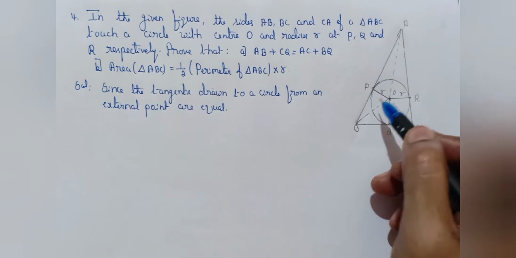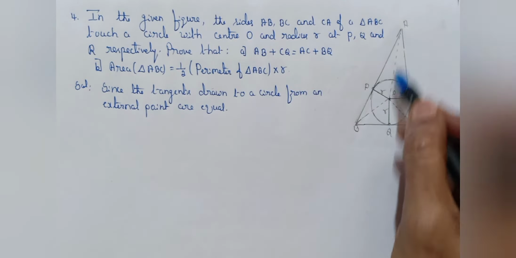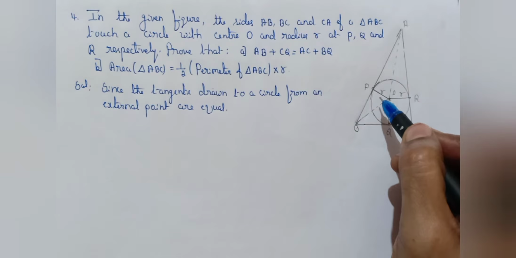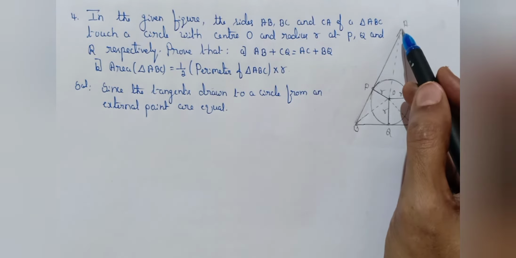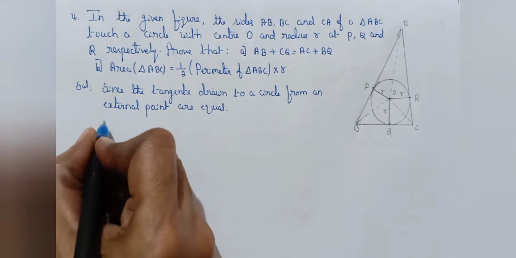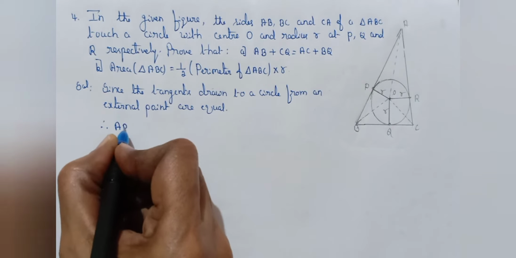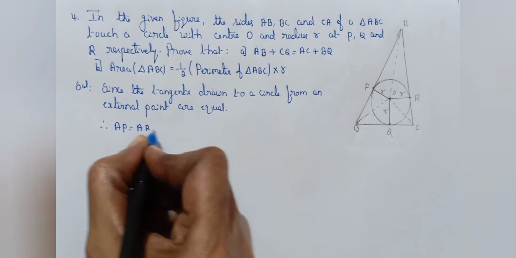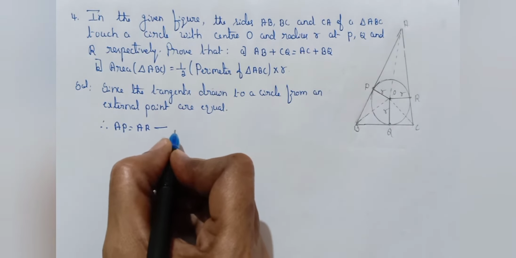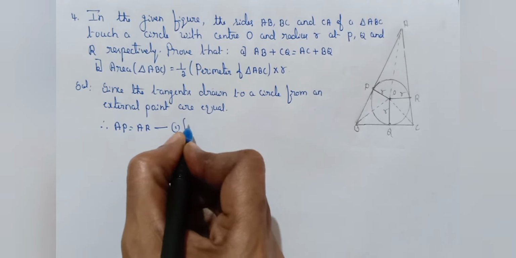Therefore, AP is equal to AR. AP and AR are the tangents drawn to a circle from an external point A. Consider this as equation 1.